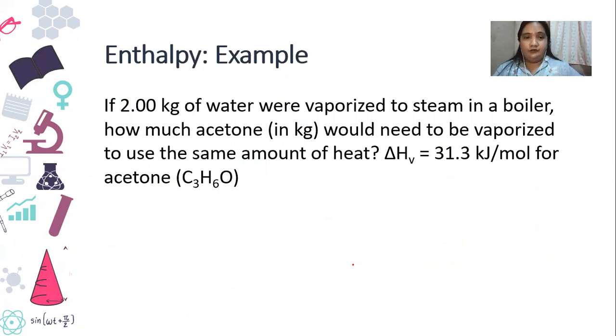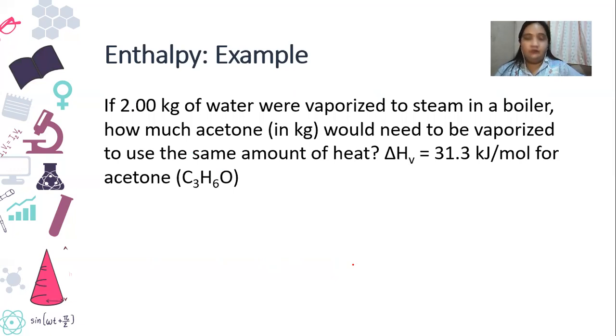We're using acetone. It says here, if 2 kilograms of water were vaporized to steam in a boiler, how much acetone in kilograms would need to be vaporized to use the same amount of heat? The given is the heat of vaporization for acetone, 31.3 kilojoules per mole.